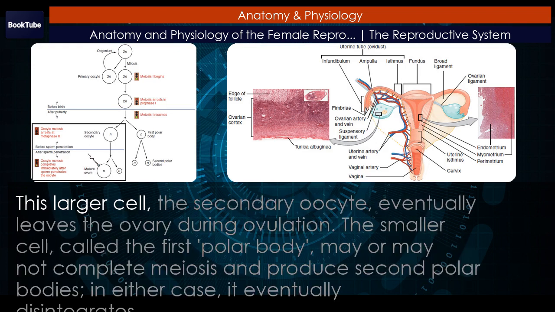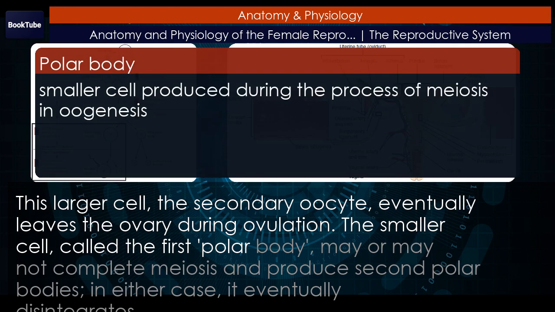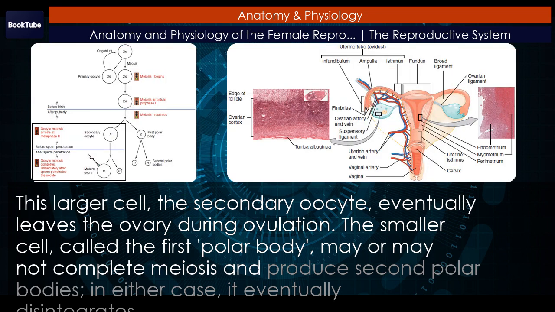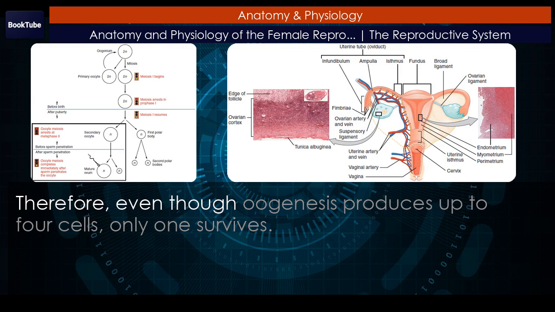This larger cell, the secondary oocyte, eventually leaves the ovary during ovulation. The smaller cell, called the first polar body, may or may not complete meiosis and produce second polar bodies. In either case, it eventually disintegrates. Therefore, even though oogenesis produces up to 4 cells, only one survives.